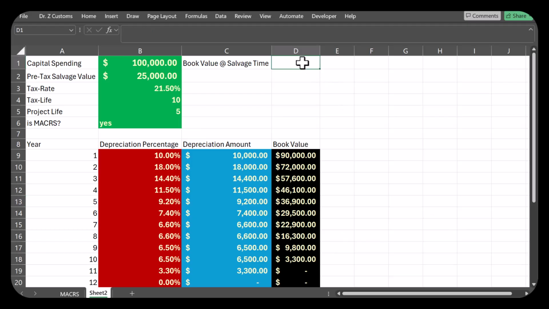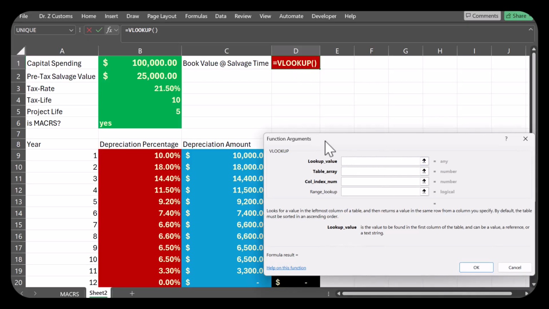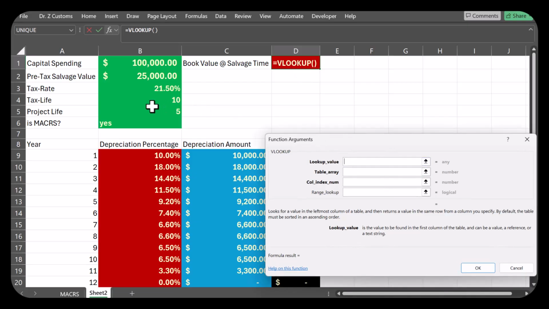We happen to know a lookup function. I'm going to look for project life because that's exactly when I'm doing the salvaging. What am I going to look at? I'm going to look at in this table.